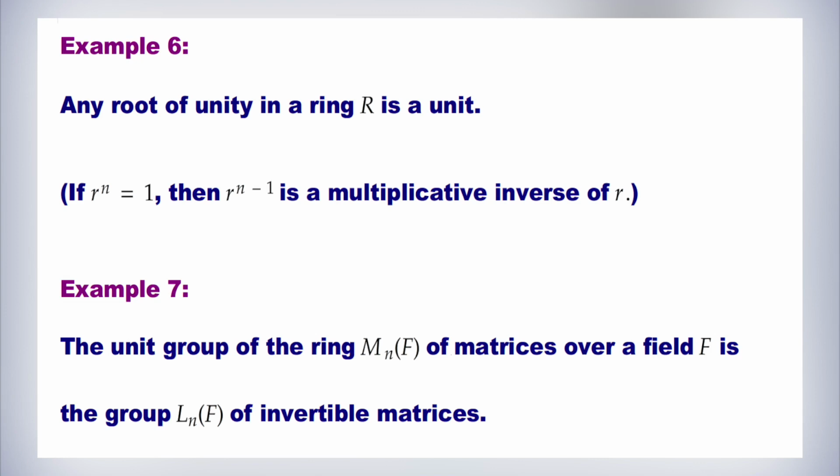The sixth example is, any root of unity in a ring R is a unit. That is, if r^n equals 1, then r^(n-1) is a multiplicative inverse of r. The seventh example is, the unit group of the ring Mn(F) of n by n matrices over a field F is the group GLn(F) of invertible matrices.